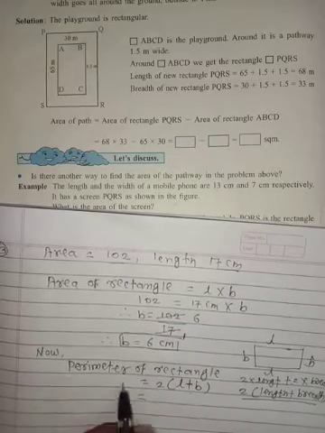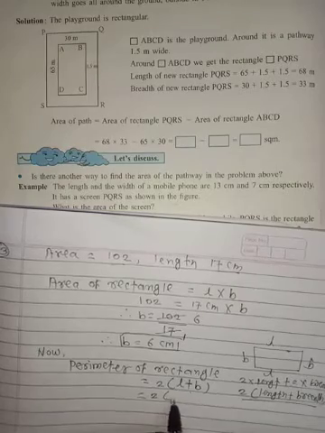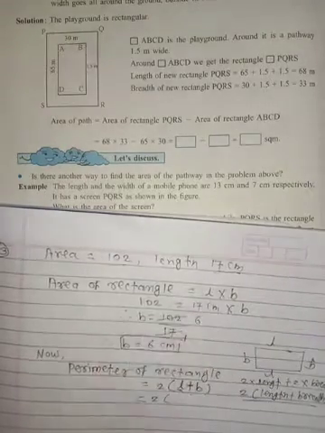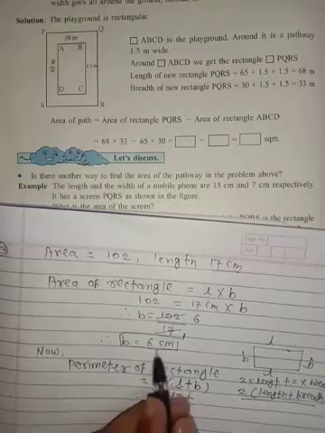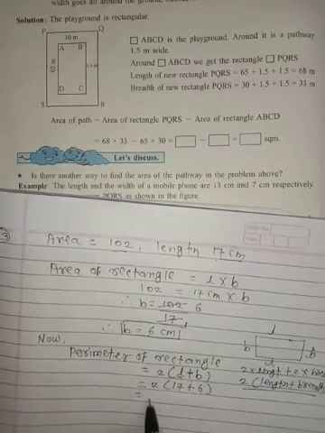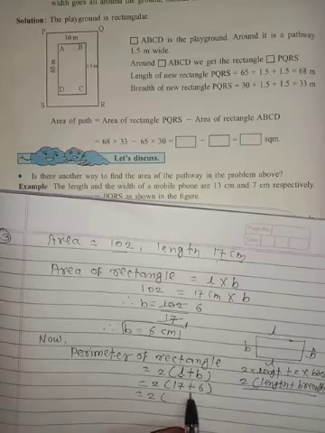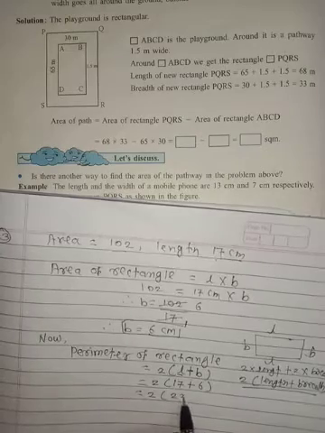We know the length and breadth, so 2 as it is in the bracket. What is length? Length is 17 centimeter, plus breadth is 6 centimeter, equals 2 as it is, 17 plus 6, it is 23.